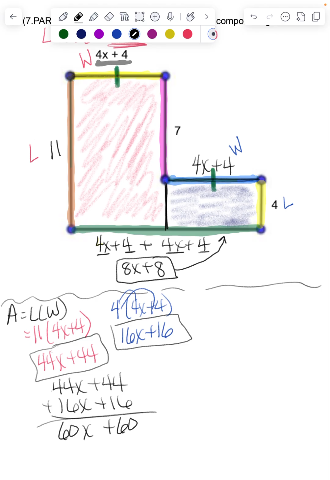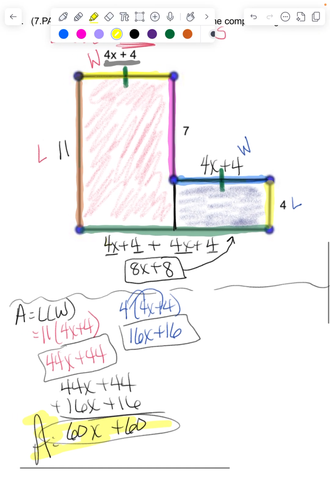And it's 60, so the total area is 60x plus 60. The total area here of that rectangle is 60x plus 60. But we're not done because it wants us to do the perimeter too.